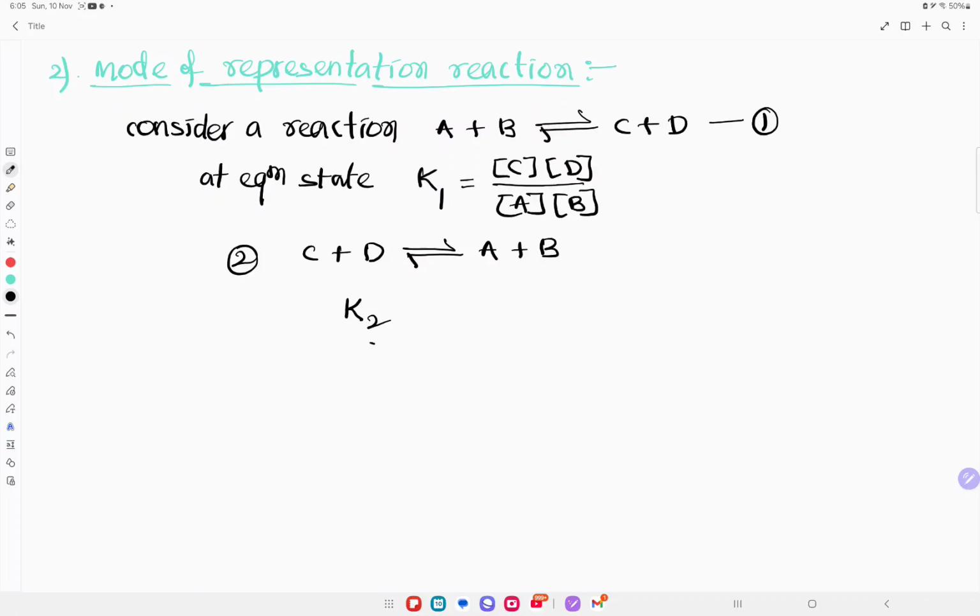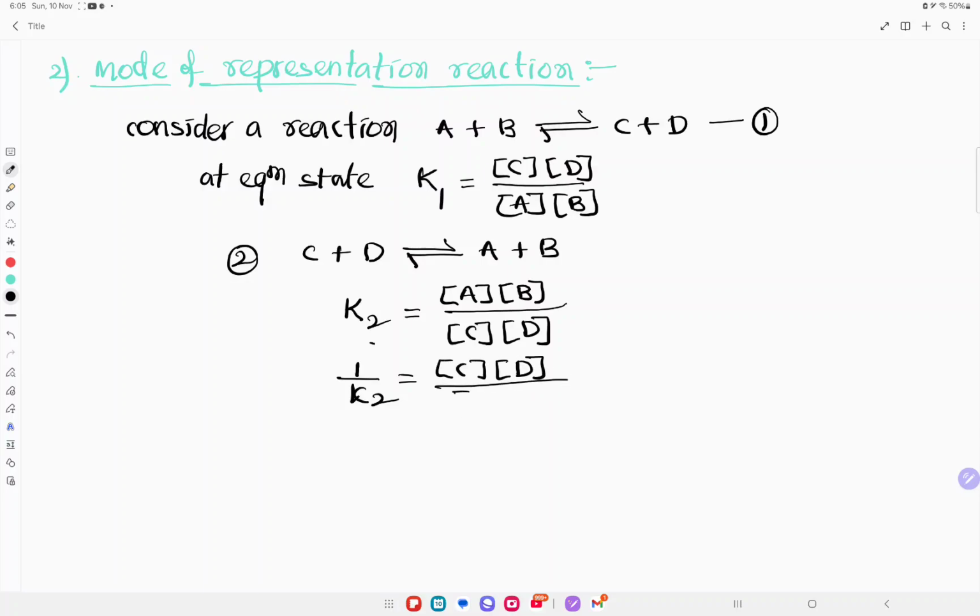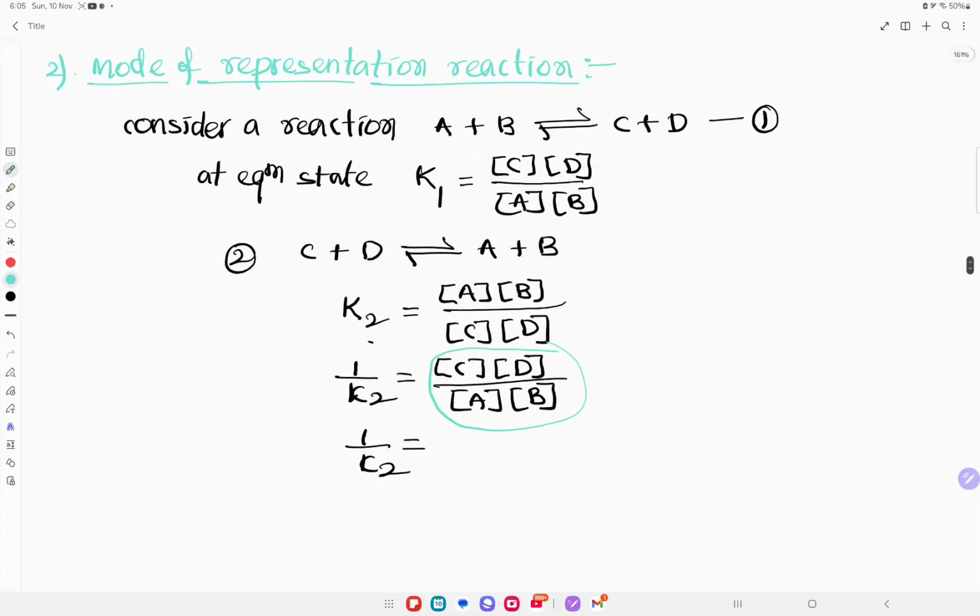For the first one, consider equilibrium constant K1, and for this one K2. K1 is molar concentration of C into D by A into B. K2 is molar concentration of A into B by C into D. So 1 by K2 is molar concentration of C into D by A into B, which is equal to K1.